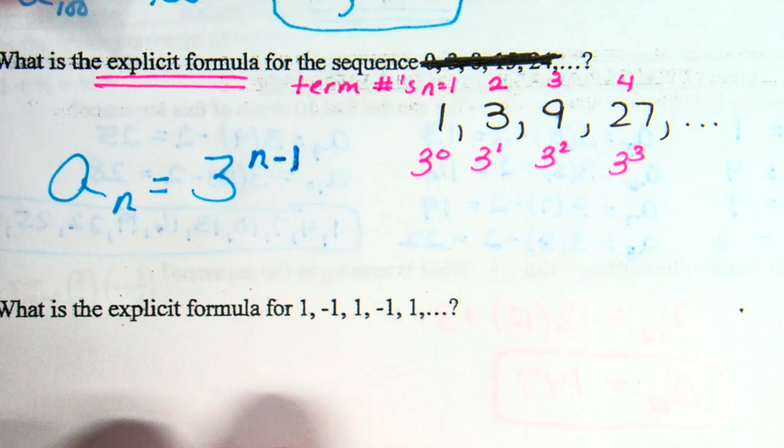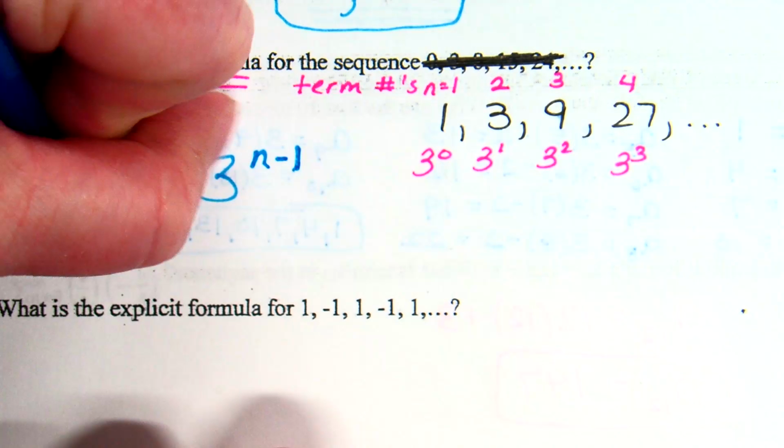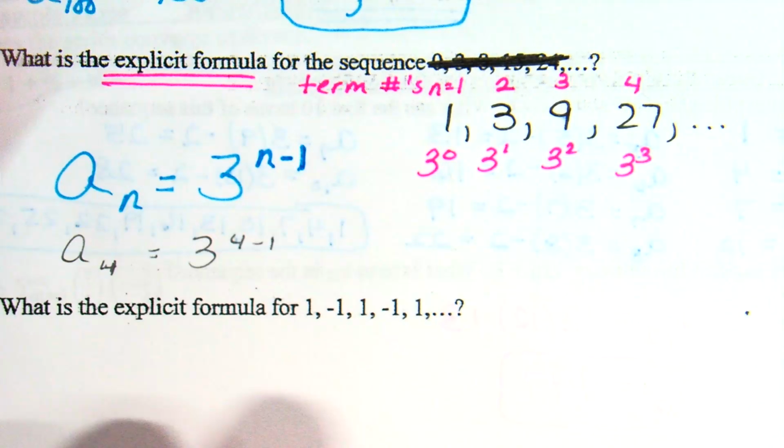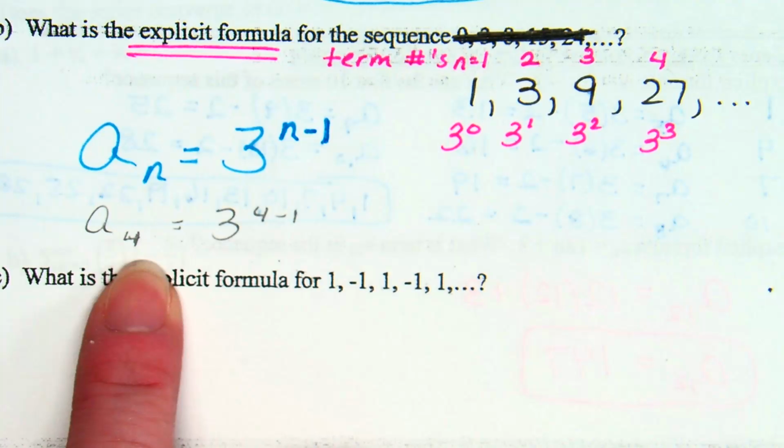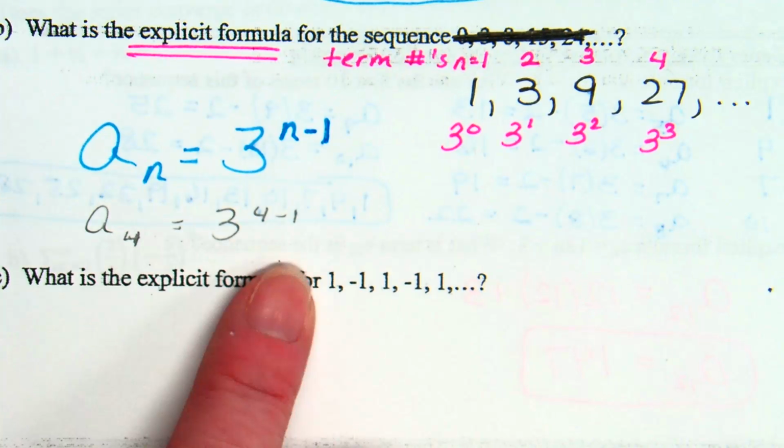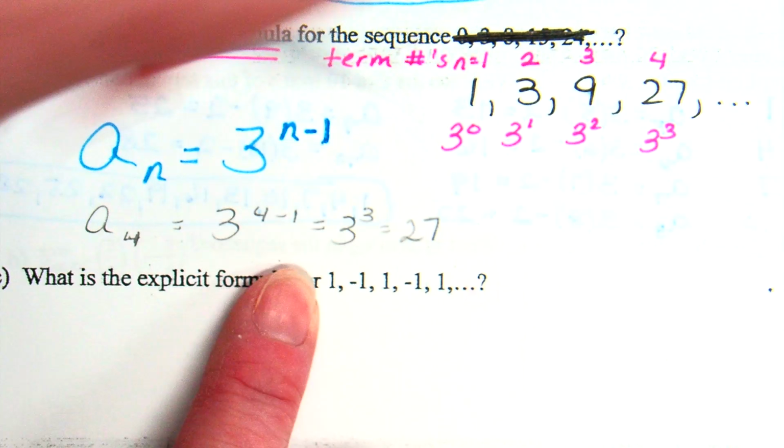If I'm trying to find the fourth term, A of 4 is 3 to the 4 minus 1. Well, what do you know about 4 minus 1? It's 3 to the third. And what do we know about 3 to the third? It's 27. Did it get me there? Would it get all of my other terms there? It should. So you always can test it, which is helpful too.